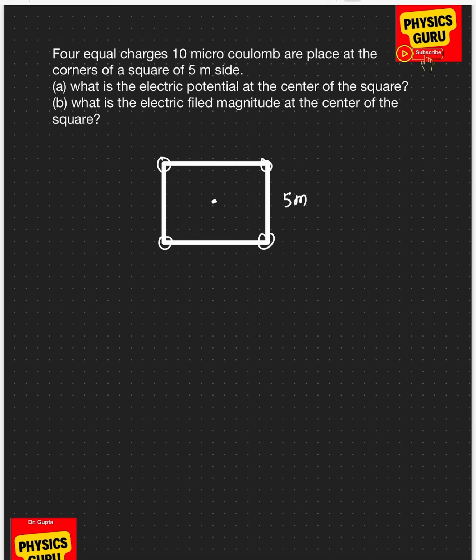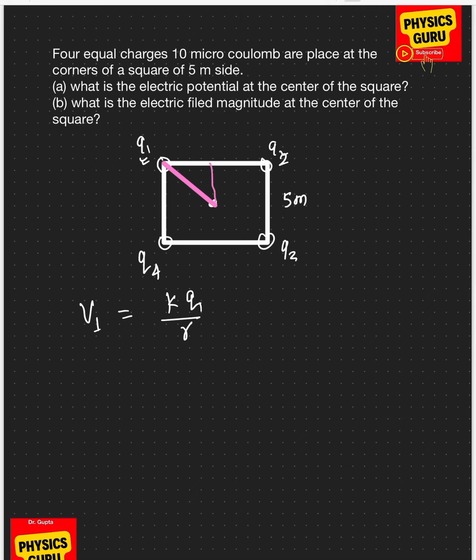So for electric field, let's call these charges Q1, Q2, Q3, and Q4. The electric potential at this point due to this charge can be calculated by V1 is k Q1 divided by R, and R would be this distance, this distance R at the center.